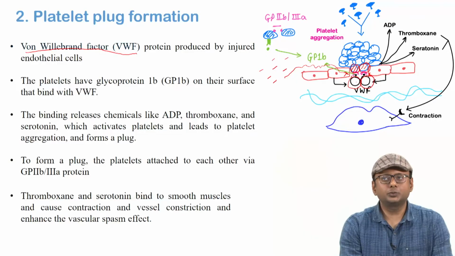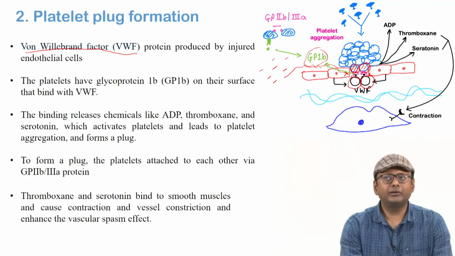Once these 2 platelets attach to the von Willebrand factor using a bond of glycoprotein 1b, the platelets get activated. Once these initial 2 platelets bind with the von Willebrand factor, they get activated and start to secrete different types of molecules.